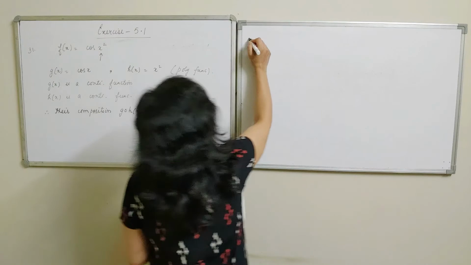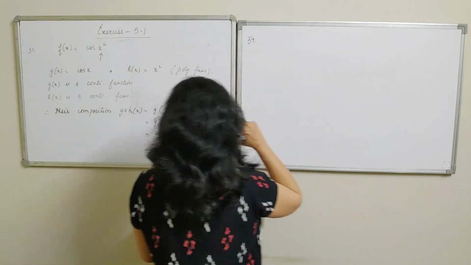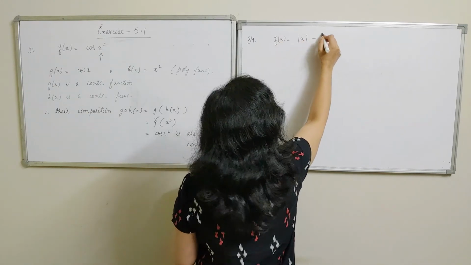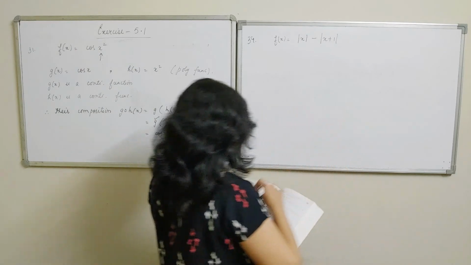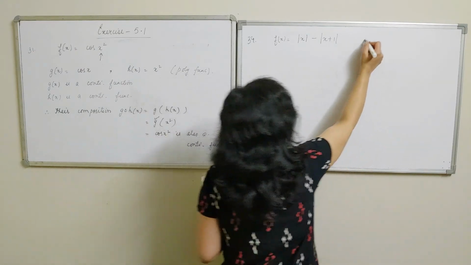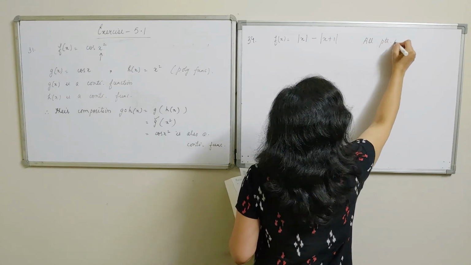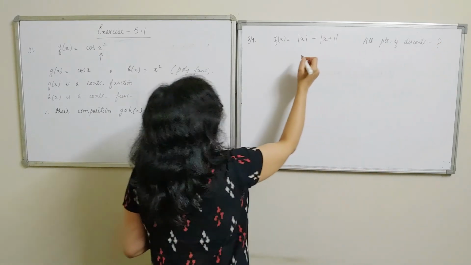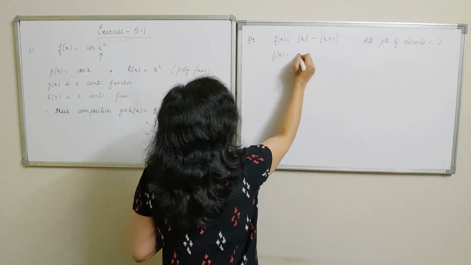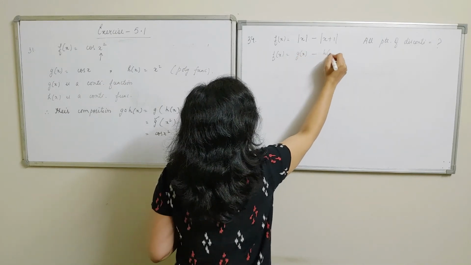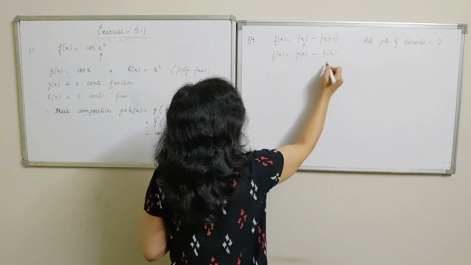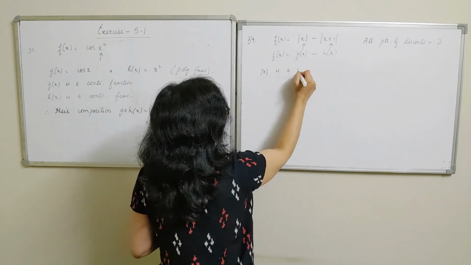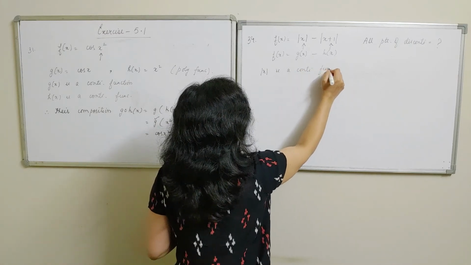Next we are doing the 34th question. The function is defined as mod x minus mod x plus 1, and in this question we are finding all points of discontinuity. Let us write f(x) as g(x) minus h(x). You can clearly see g(x) is this function, h(x) is this function, and we know mod x is a continuous function.